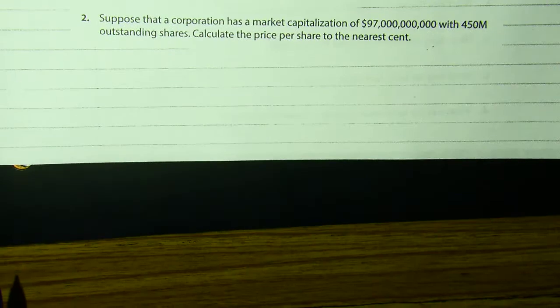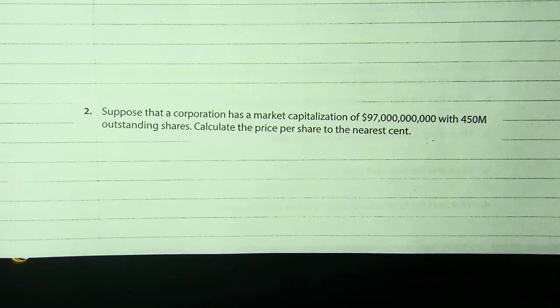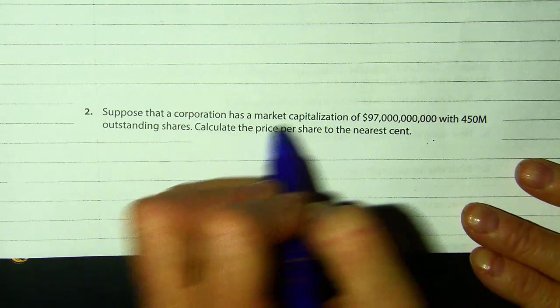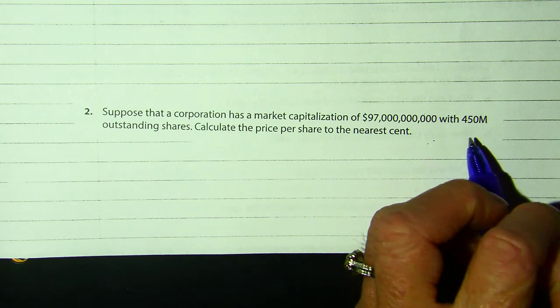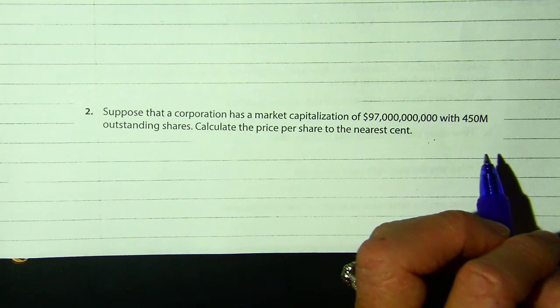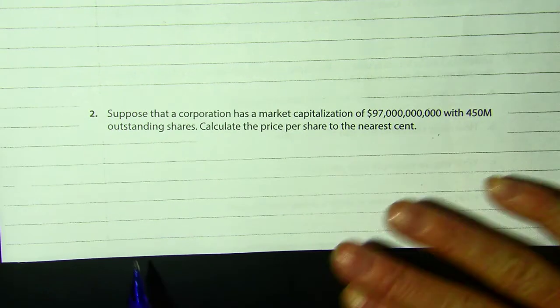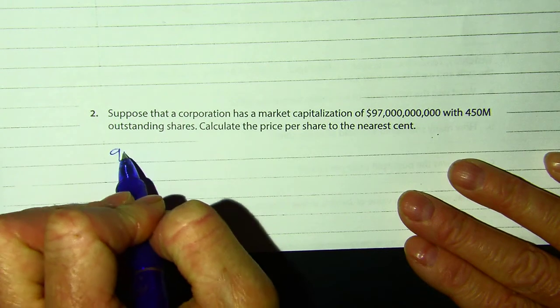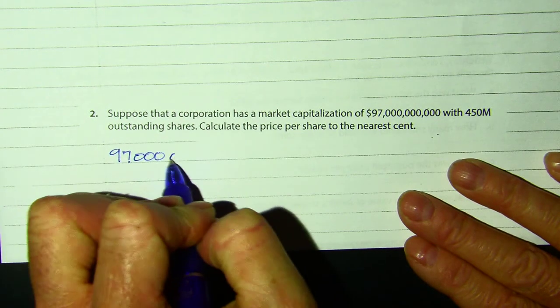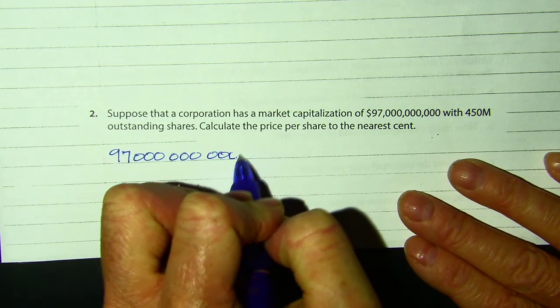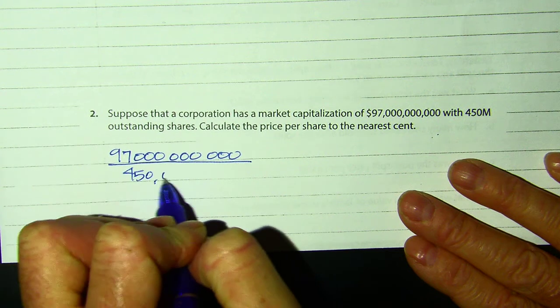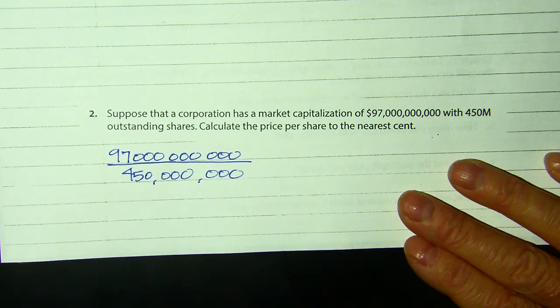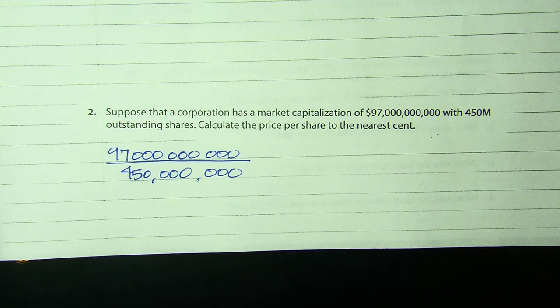Next one. Suppose that a corporation has a market cap, remember this is their total value, of 97 billion with 450 million outstanding shares. Calculate your price per share. So to calculate price per share, we're simply going to divide. And I'm going to show you a little trick here. I'm dividing by 450 million. When I divide this, I don't like to enter any more than I have to.